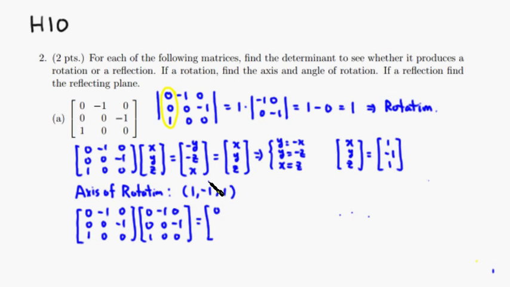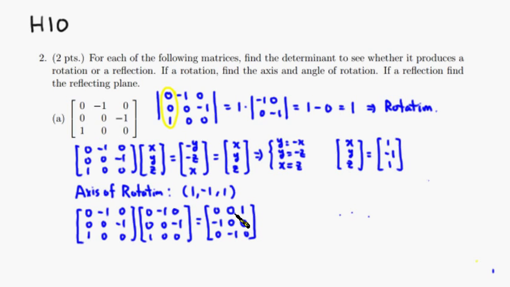This times that gives you 0, this gives you 1, this gives you negative 1, this gives you 0, 0, 0, negative 1, 0.